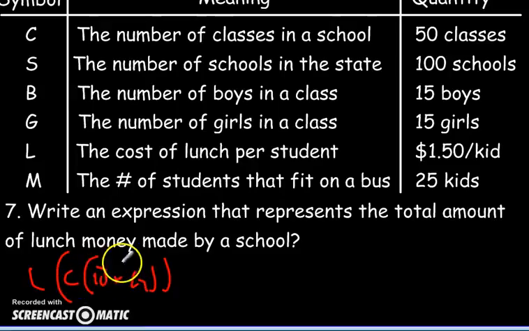So this expression would mean this. We could also have written LCB, which is the total amount of lunch money brought in by the boys, and LCG, which is the total amount of lunch money brought in by the girls put together. These expressions are the same. They both mean it.